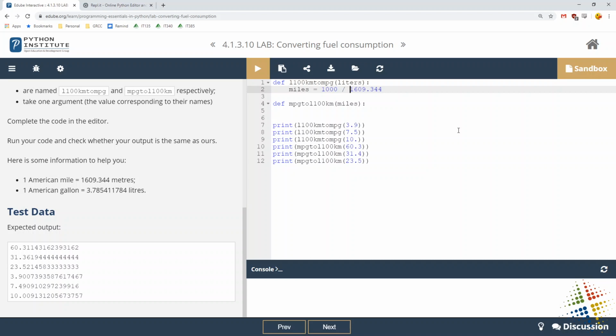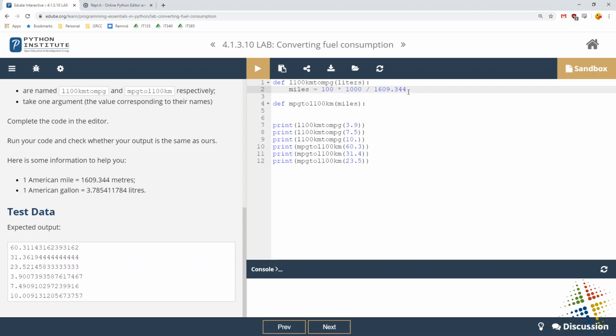That will give me the number of kilometers, and then I need to multiply that by 100, to be the 100 kilometers. See if that makes sense. This is the number of meters in a mile. We divide that by 1,000 to get the number of kilometers, and then we multiply that by 100 to be 100 kilometers, since this is the 100 kilometer case.